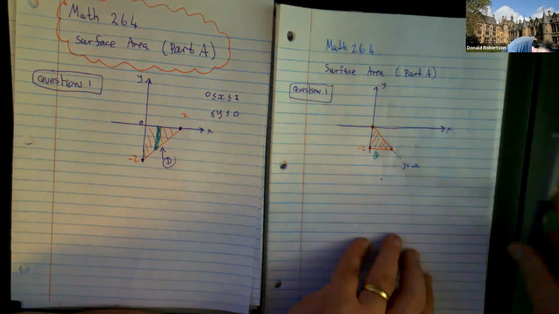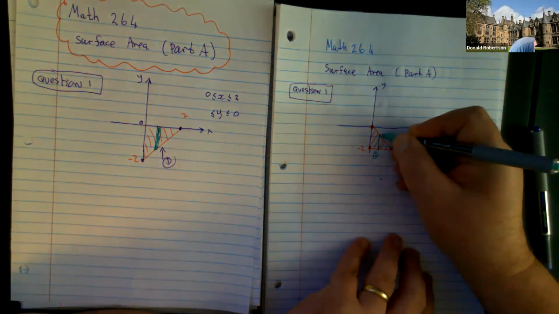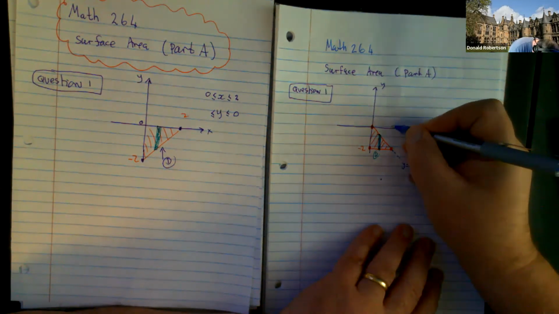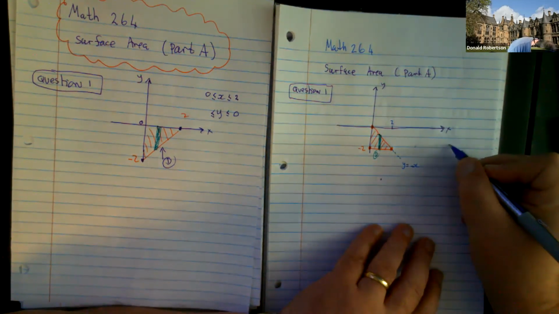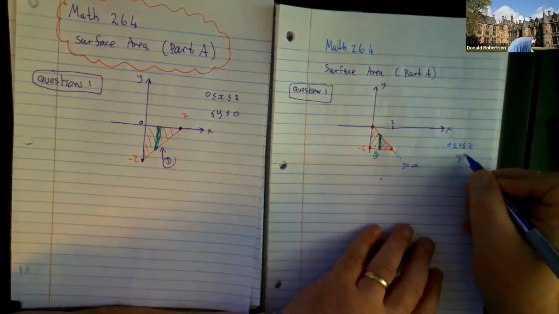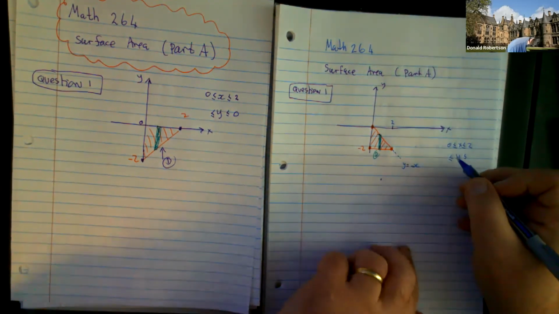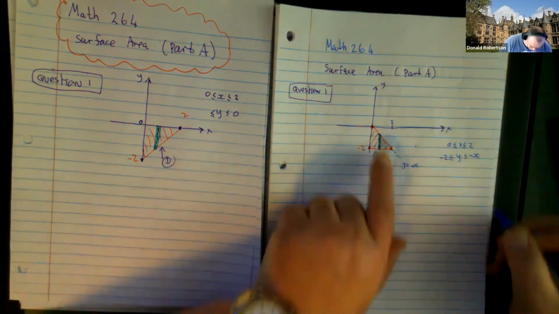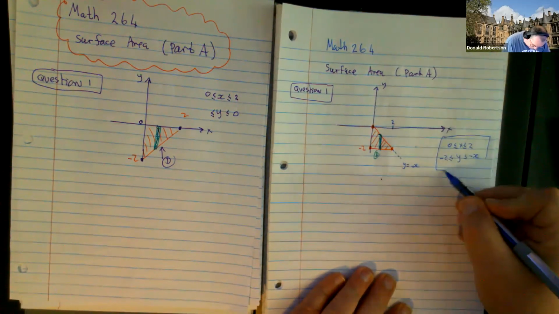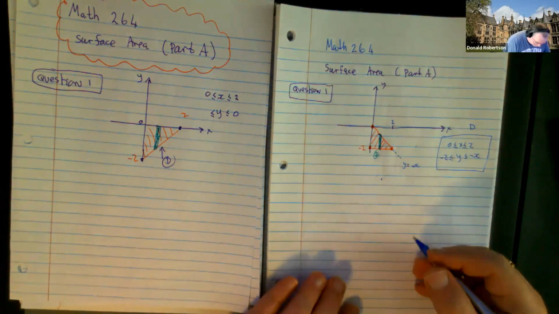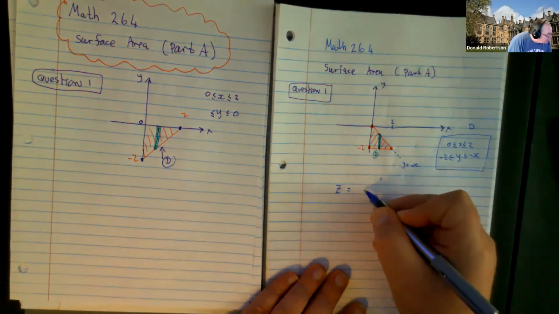So I'm going to do it using the vertical ones. And this point here happens to be 2. So x is going to go from 0 to 2. And y is going to go from -2 to the straight line. And those are the limits of integration for D. Now the function that we're going to be doing it with is this guy.